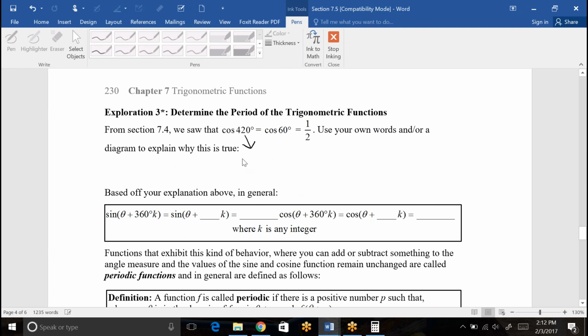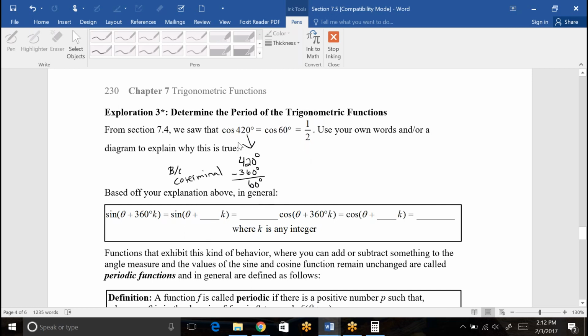We're not going to really write out a sentence, but we took this and we said, because of coterminal angles, which means that the angle starts and ends at the same place no matter how many times it goes around, 420 minus 360 was 60 degrees. And then once you're between 0 and 360, you could figure out the angle where it's located in the quadrants, and we could find the ratio there.